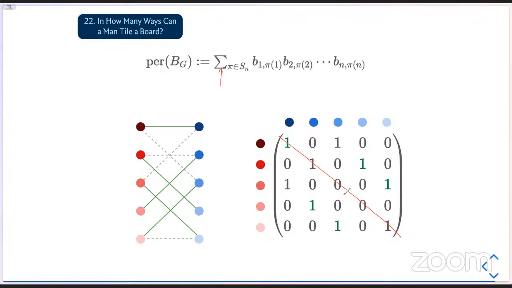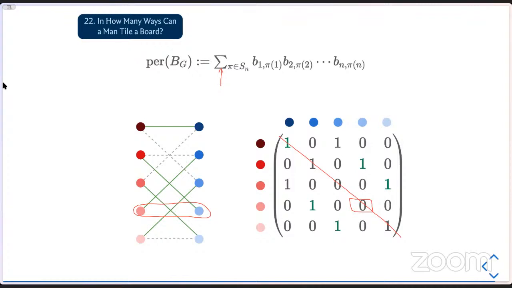If you take any other permutation that does not correspond to a matching back in the graph, you could say, let's try to match this guy with this guy, and feel free to extend this however you like. But because we're trying to match two things that are not adjacent, you're going to pick this out, and then you can do any permutation on top of this one. But because this is a non-edge, it's going to be a zero entry. And so that product is going to vanish.